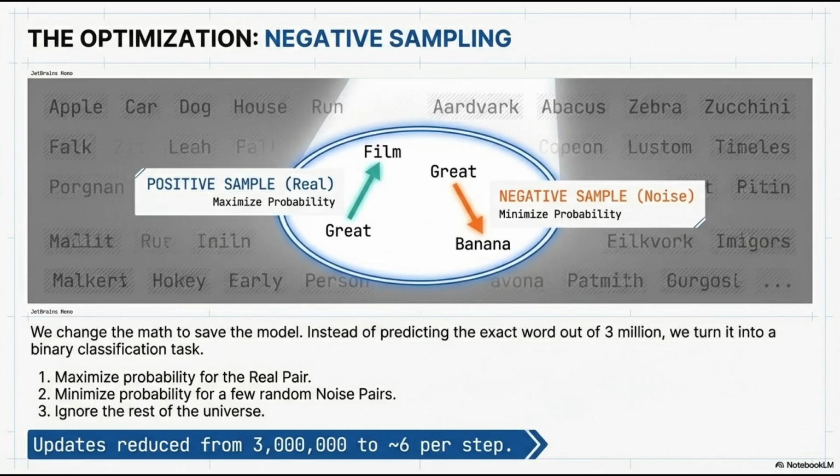We tell the network, I want you to give a high probability to this real pair, great film, and I want you to give a low probability to these five random noise pairs, like great banana, great table. We ignore the millions of other words. We just focus on these few.